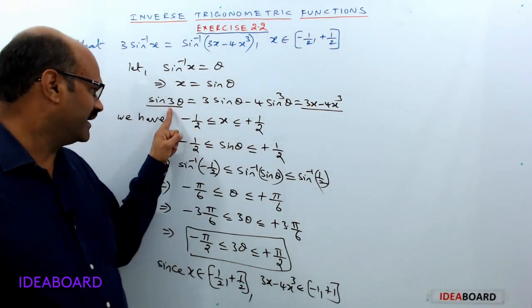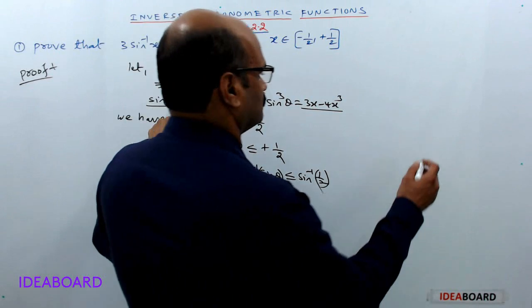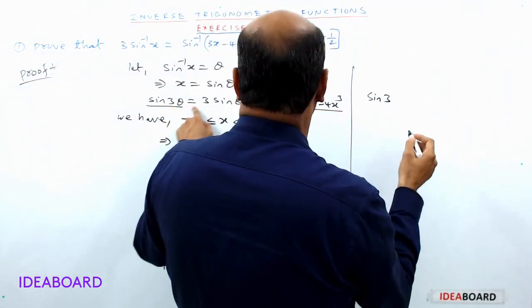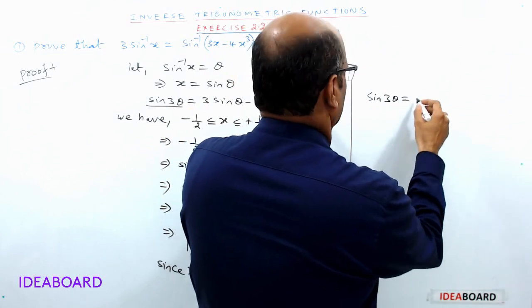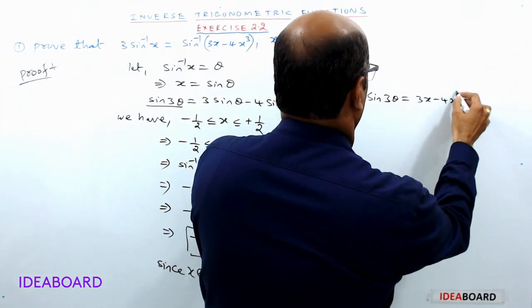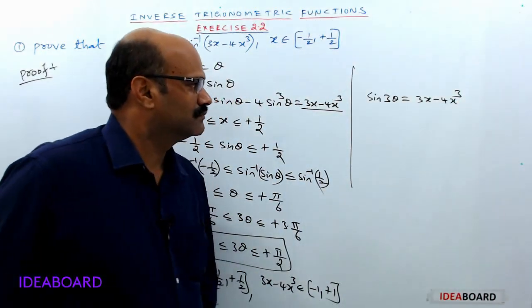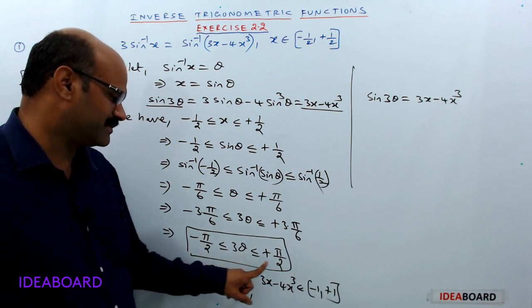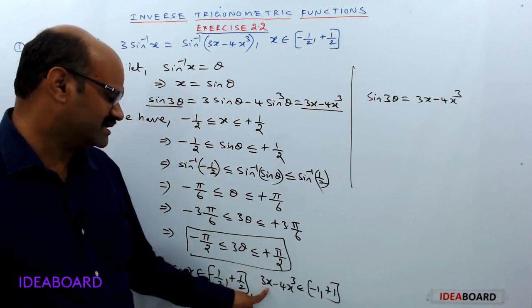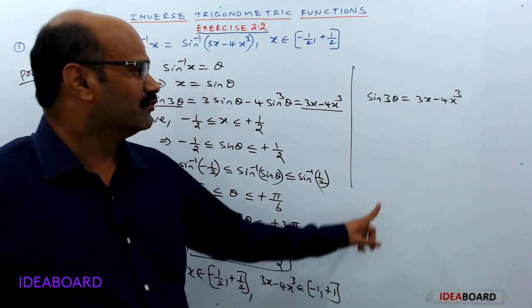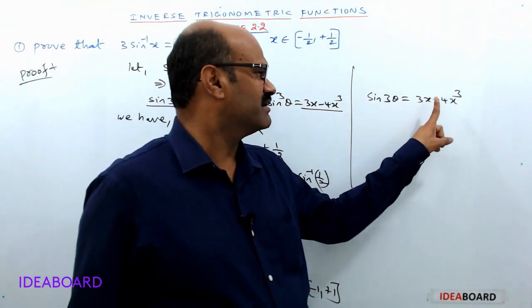So we can write sin 3 theta equal to 3x minus 4x cube. Since 3 theta lies in the interval minus pi by 2 to plus pi by 2 and 3x minus 4x cube lies in the interval minus 1 to plus 1, the inverse of this function exists.